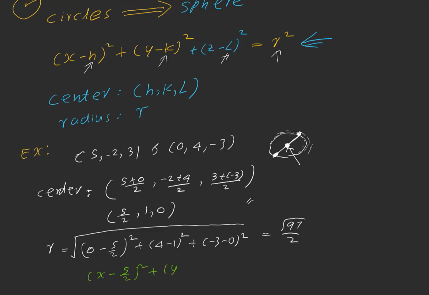K equal 1. Therefore this, and actually here you see that this is the h, this is the k, this is the l. So l equals 0. Therefore z squared equal r to power 2 because you see here r to power 2, therefore 97 over 4.